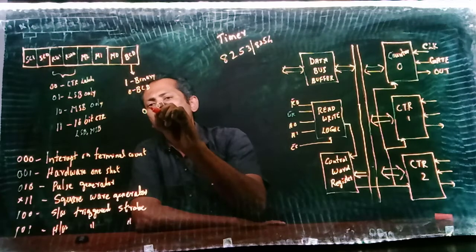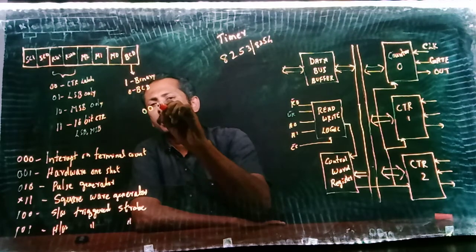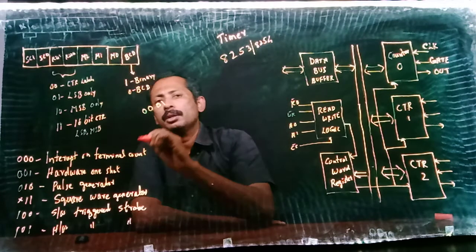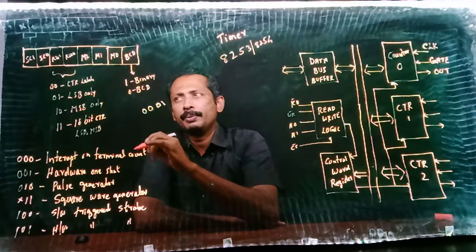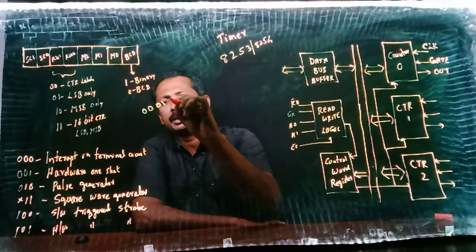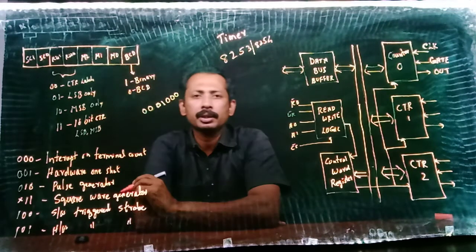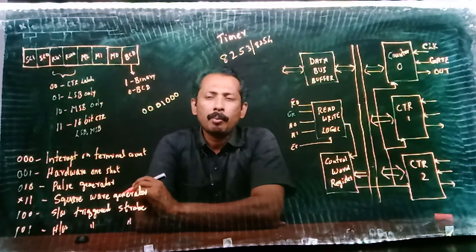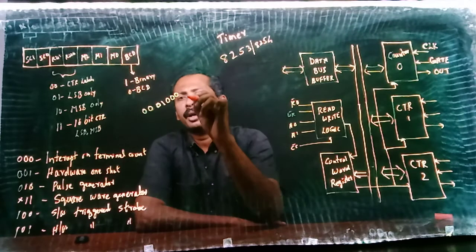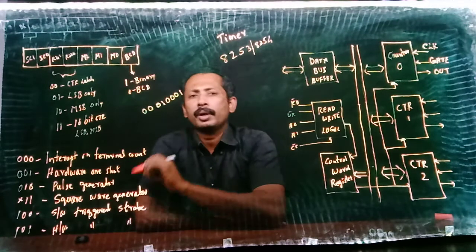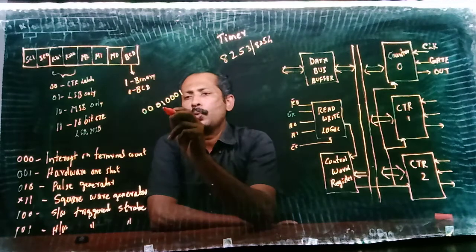So 0 0 is for counter selection, and 0 1 is for LSB count. Then the next 3 bits are mode selection, so 0 0 0 indicates mode 0. Then I need binary counting, so I am using 1. So this is 1 1.